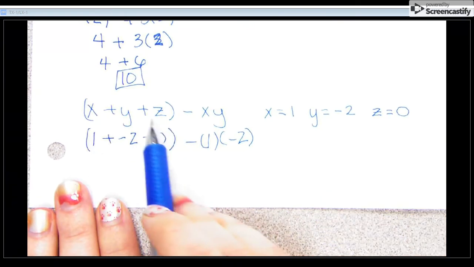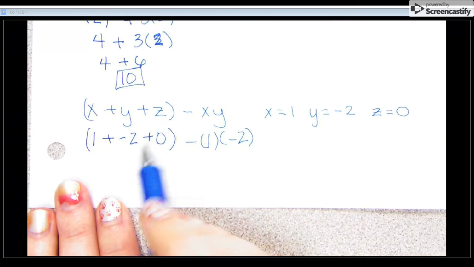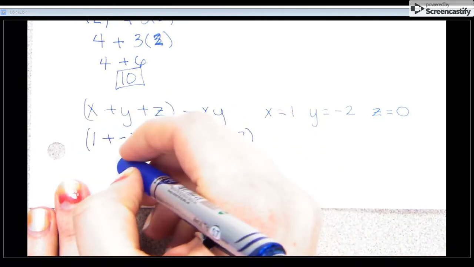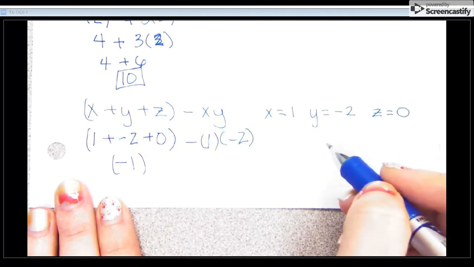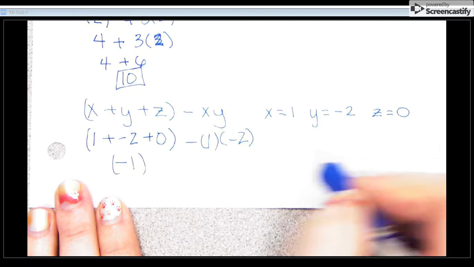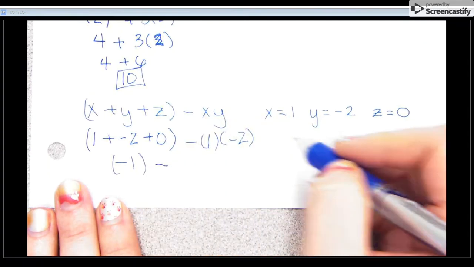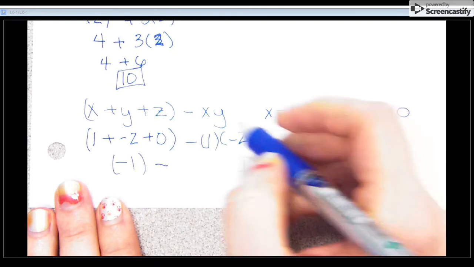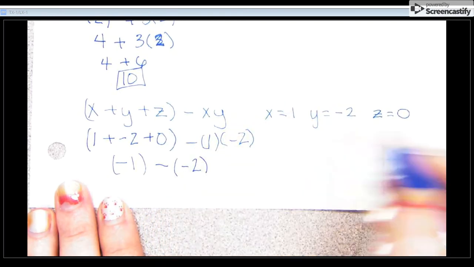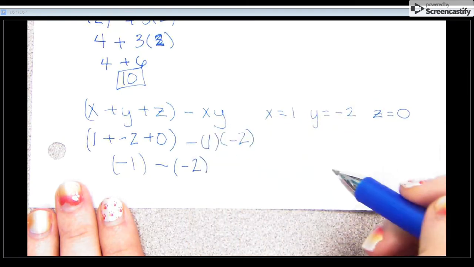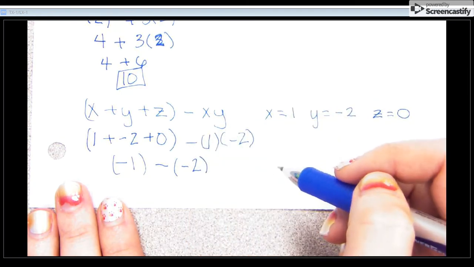Doing what's inside the parentheses first. 1 plus -2 plus 0, I know is -1. And that is being subtracted by 1 times -2, which I know is -2. Before, I changed opposite in order to make that negative go away.